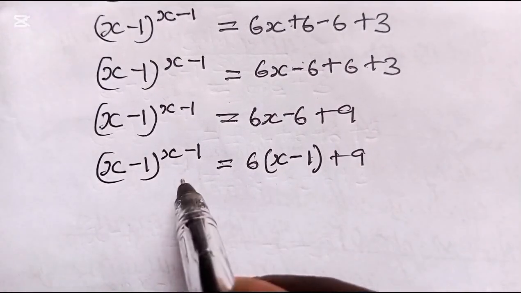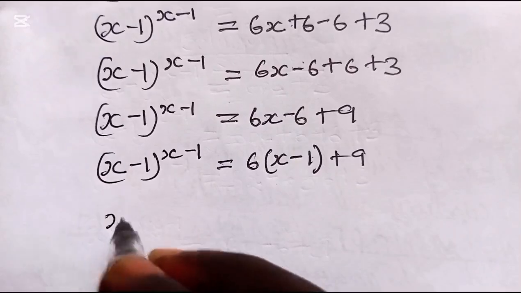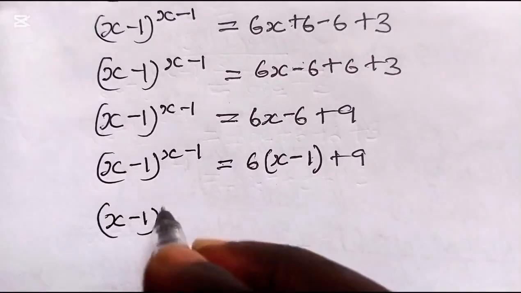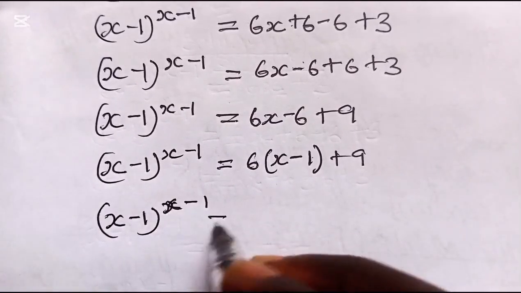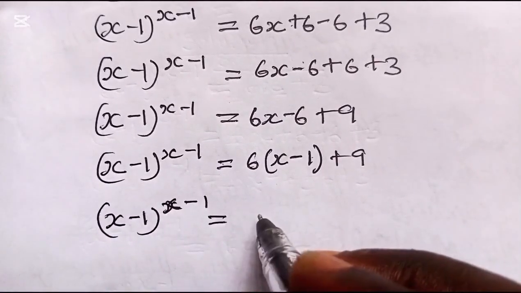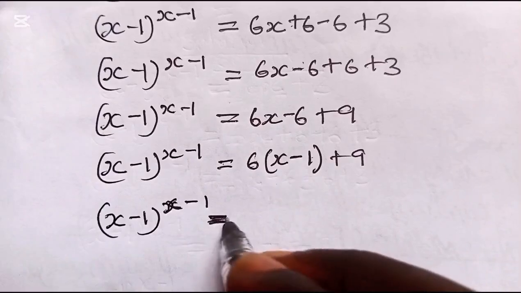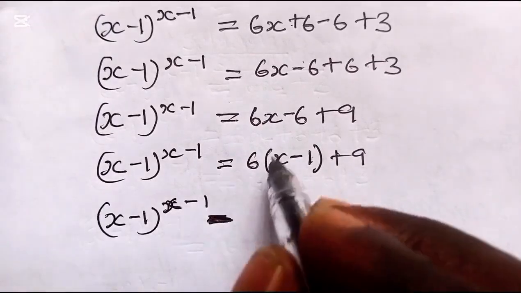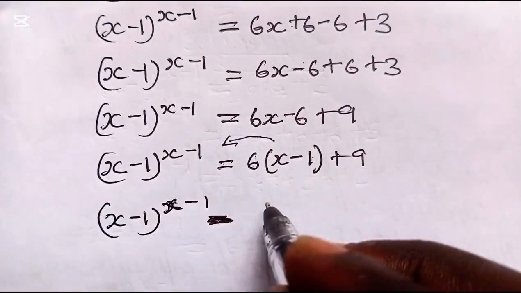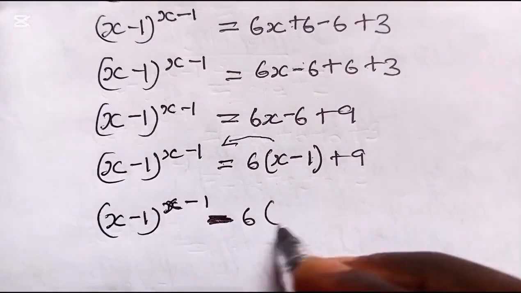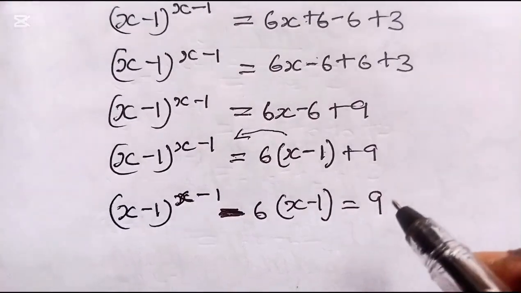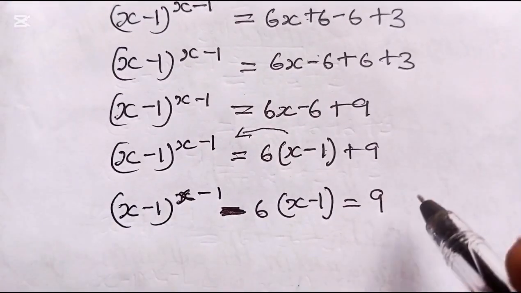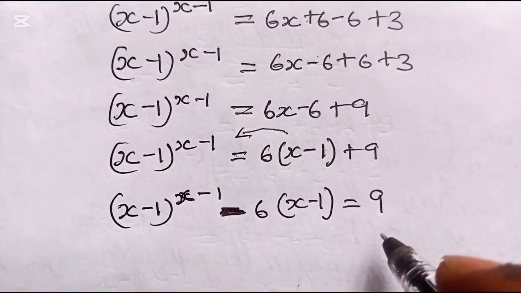Okay, so let's move this similar term to the left hand side. So we have (x − 1)^(x − 1) equals to, it will move to the left hand side, so it will become negative: minus 6(x − 1) equals to 9. Okay, so what do we do to this now?